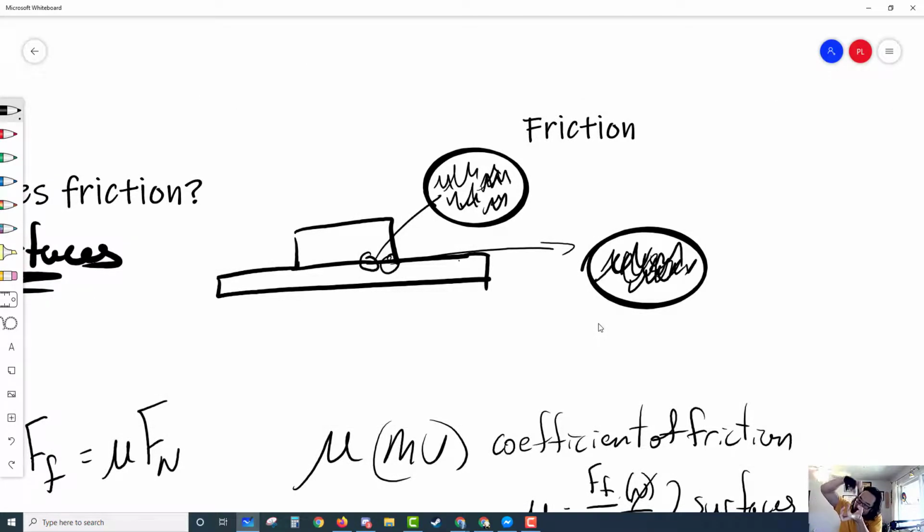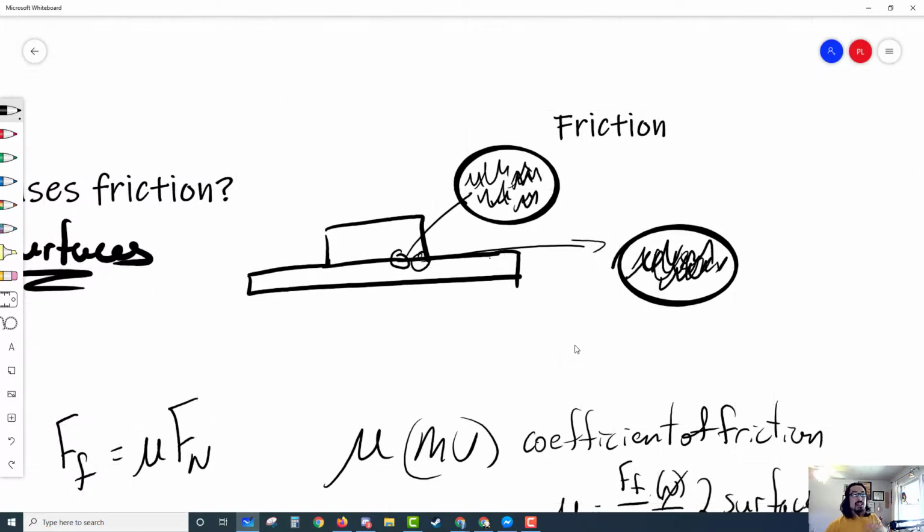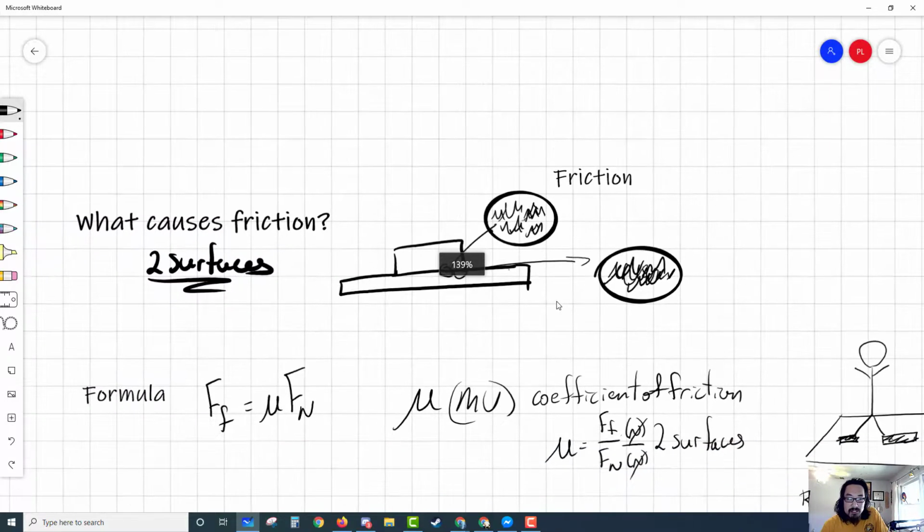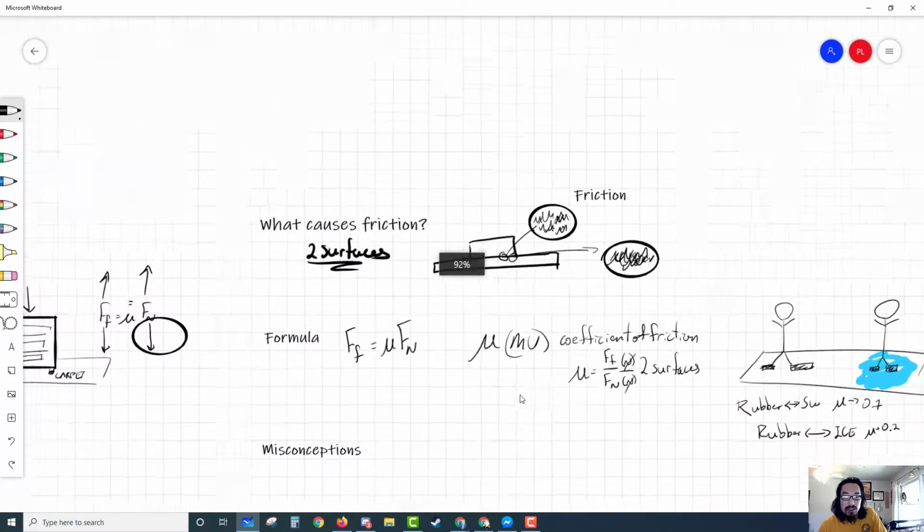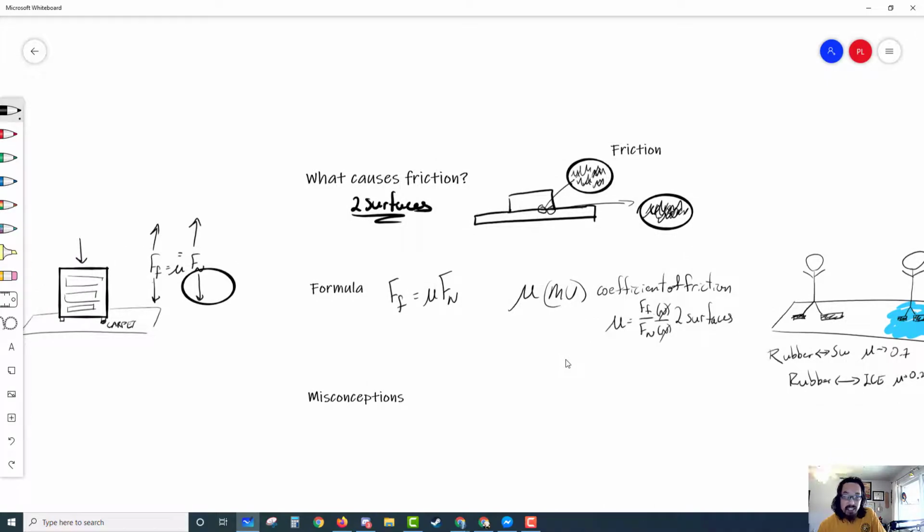When the ridges are on top of each other, it creates a lot of friction. But if you lift the ridges off of each other vertically, they can't rub against each other. The force of friction decreases. So if you lift the object slightly off of the surface, the normal force would decrease, which would mean the force of friction would also decrease, thus making moving objects a lot easier.